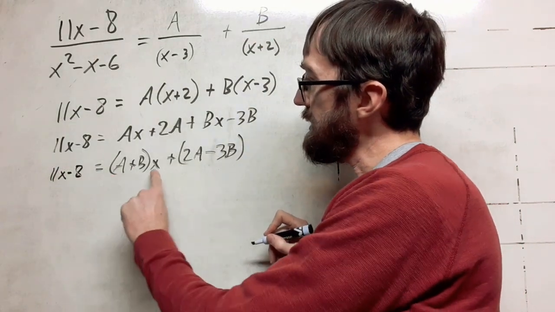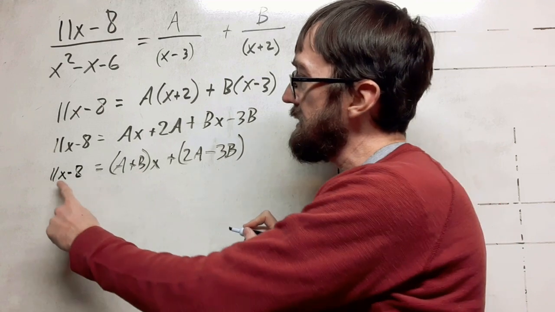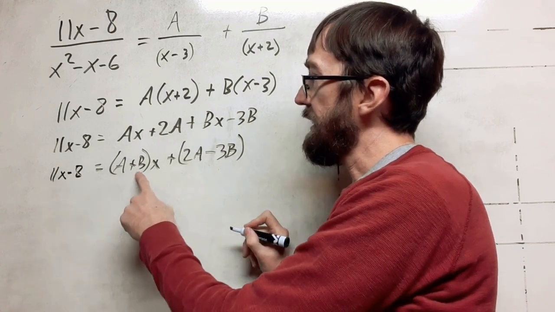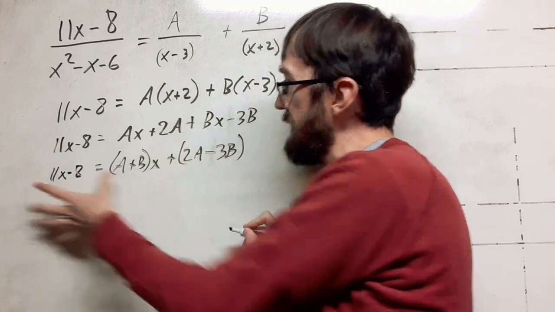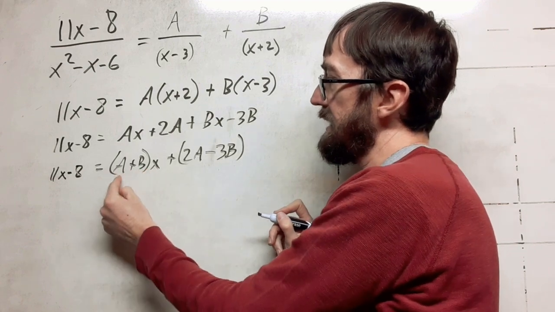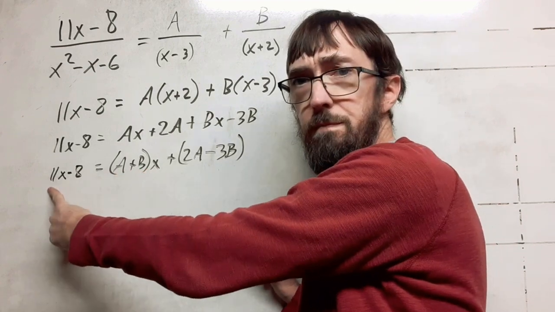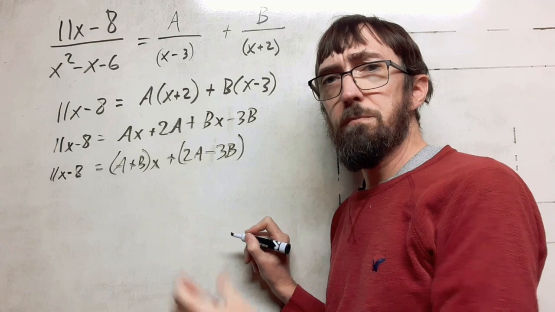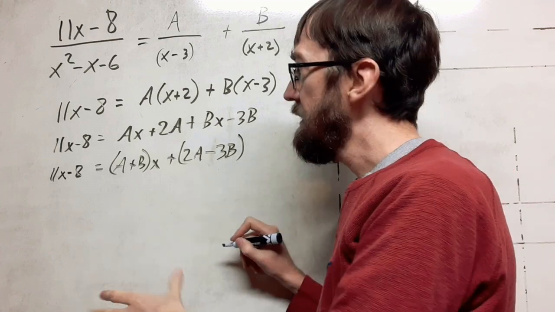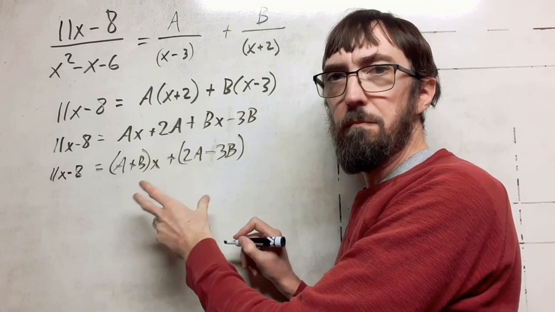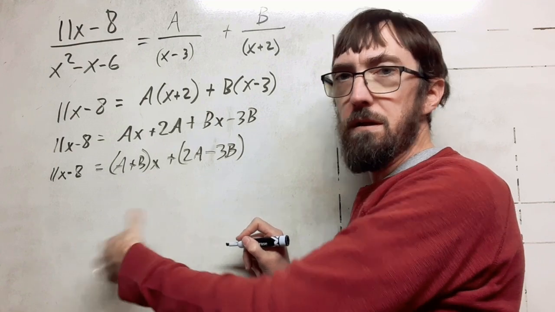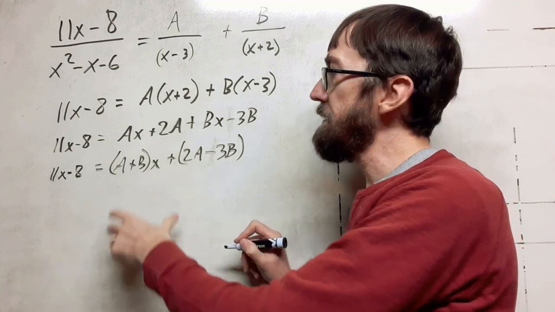The a plus b is the coefficient of x, and 11 is the coefficient of x. So if this thing is equal to this thing, that means that a plus b has to equal 11. Just kind of how we looked before as we looked at the 2a plus the 3b needed to add together to give us the 5.